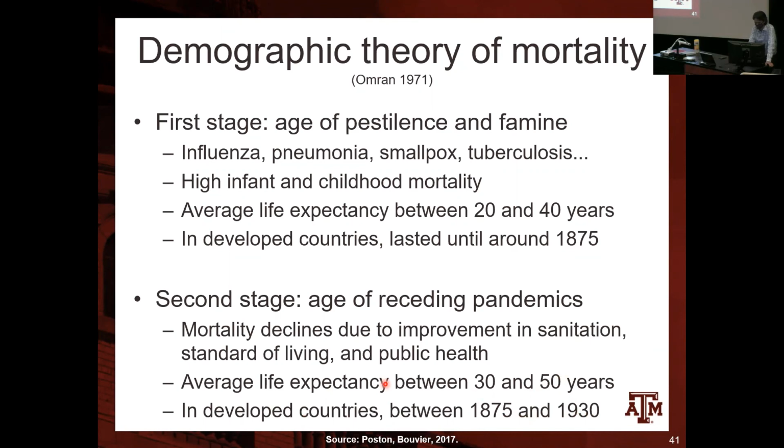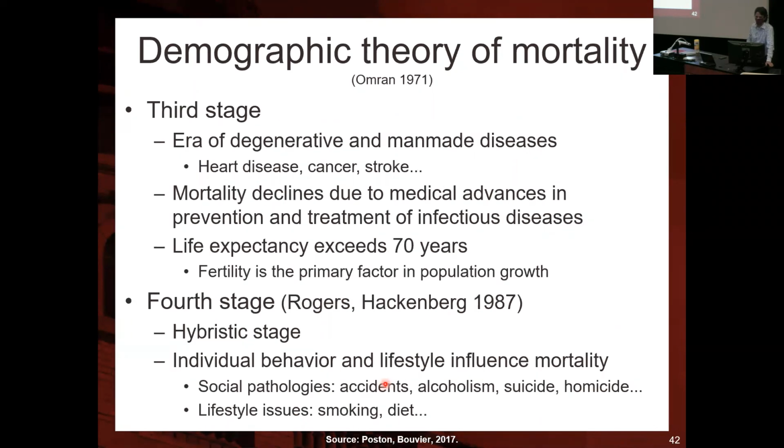The third stage, the era of degenerative and man-made diseases. So you see increases in heart diseases, cancer, stroke, more degenerative diseases. And in this moment here, mortality decline is due to medical advances in prevention and treatment of infectious diseases.